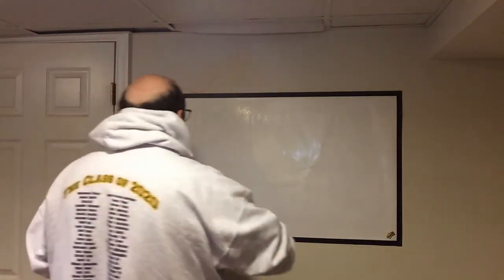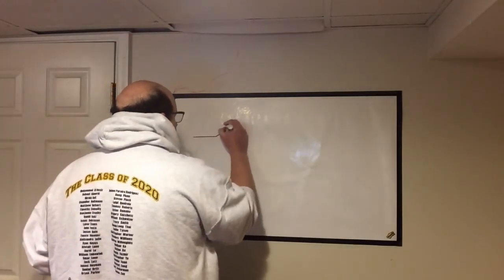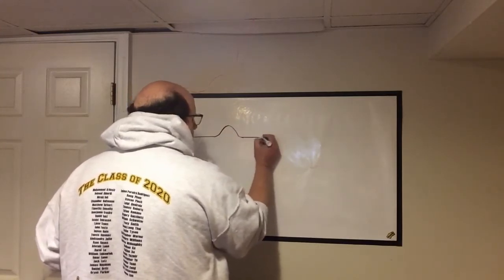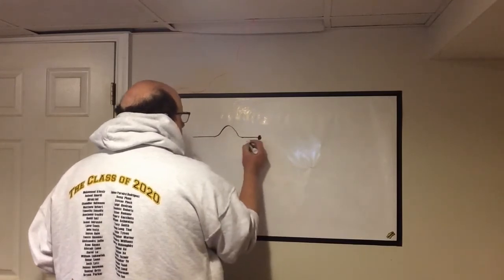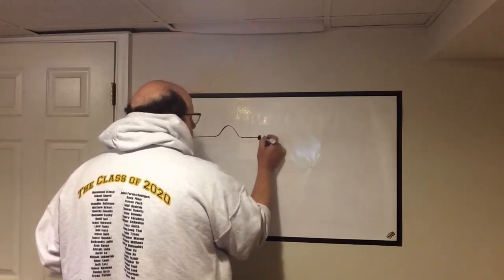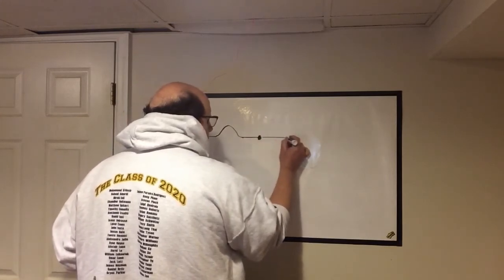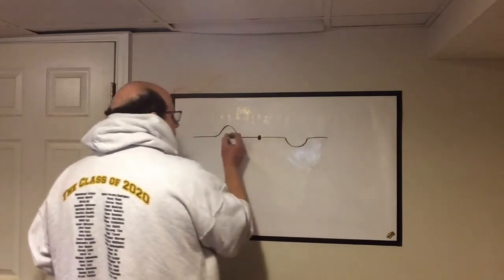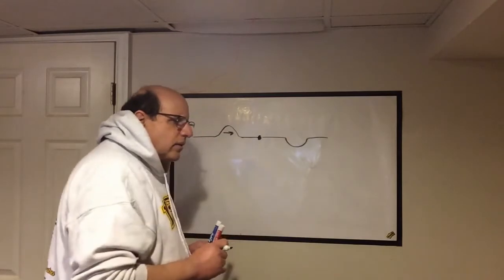In the last question, they had a string with a wave running through it, and it was on its way here, right? And then they also had another wave coming the other direction. So the wave was going this way.